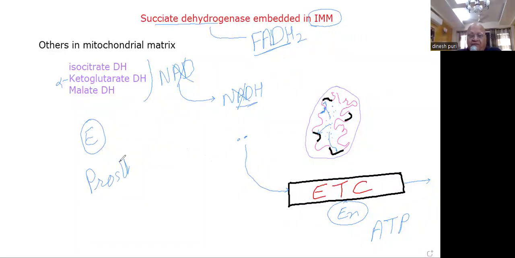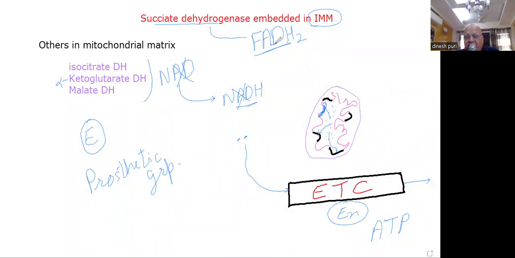Prosthetic group means so tightly bound with the enzyme apoprotein that it cannot be dissociated without deactivating the enzyme. So FADH2 is tightly bound to succinate dehydrogenase, shown by this blue line.